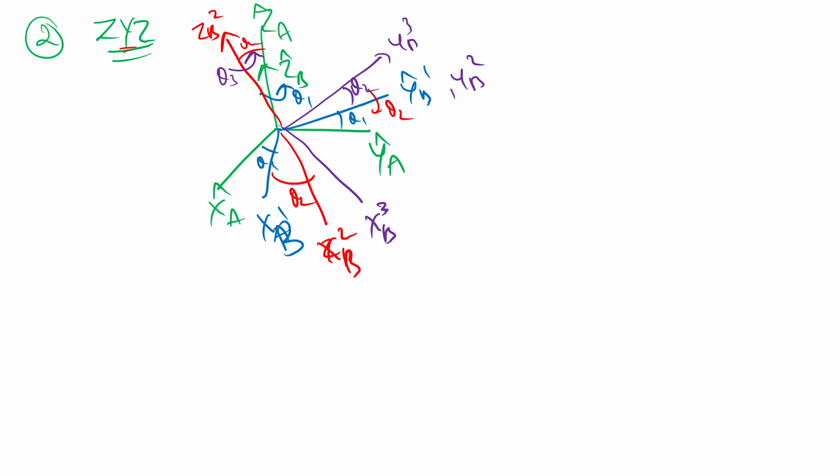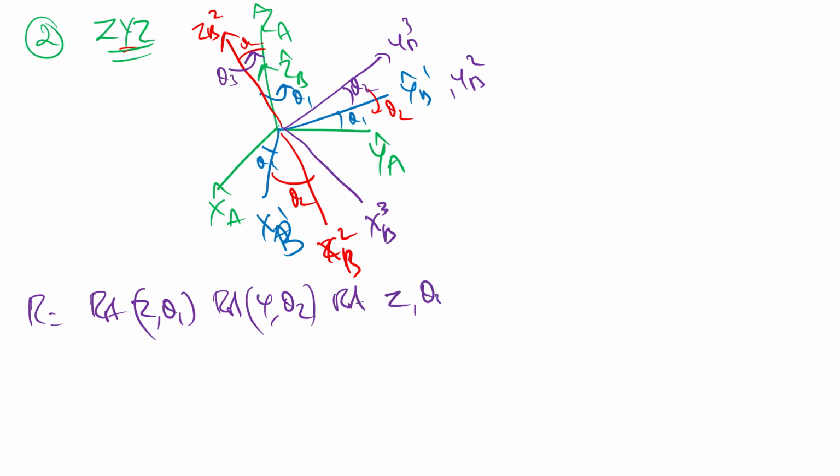Then since it is Euler angle representation, you have to post multiply. So what is R? Rotation of Z theta 1, rotation of y theta 2, and rotation of z theta 3. Okay, so let's put the values.